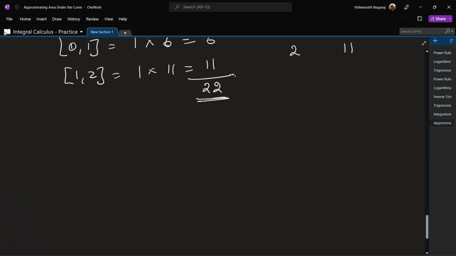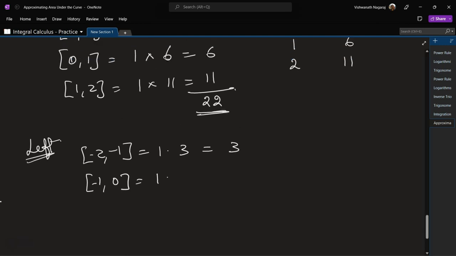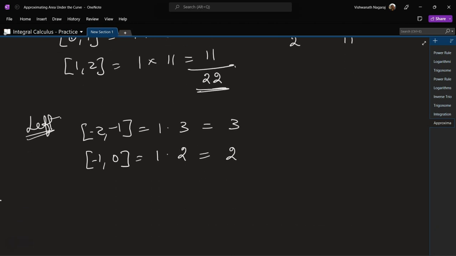If we use the left endpoints, what do we get? We get minus 2 to minus 1 will give us 1 times 3, which is 3, minus 1 to 0 will give us 1 times, what is it? 2, which is 2, and 0 to 1, 1 times 3, which is 3, and 1 to 2 will be 1 times 6, which will be 6.